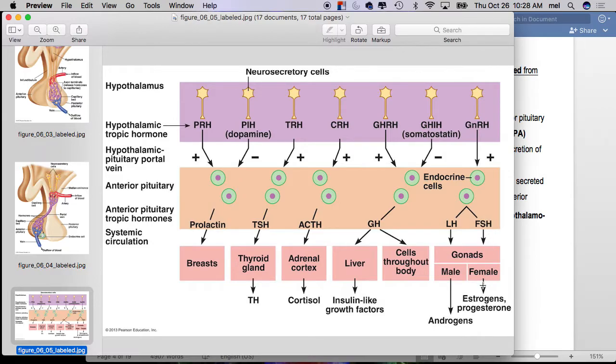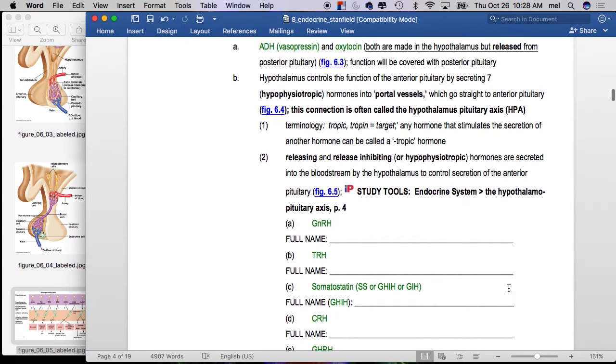So it's not a gonadotropin, it's a gonadotropin releasing hormone, right? Does that make sense? Okay, so it causes the release of something headed to the gonads, okay? It's headed to the anterior pituitary to cause the release of gonadotropins. Got it?